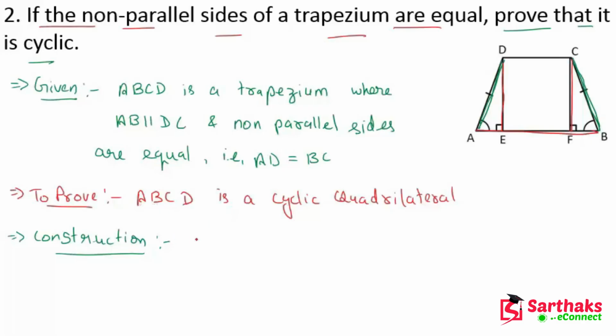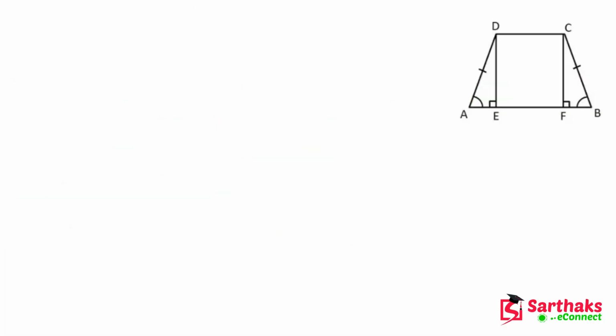So here we can write, draw DE perpendicular to AB and CF also perpendicular to AB. Now we are going to start the proof of this problem.